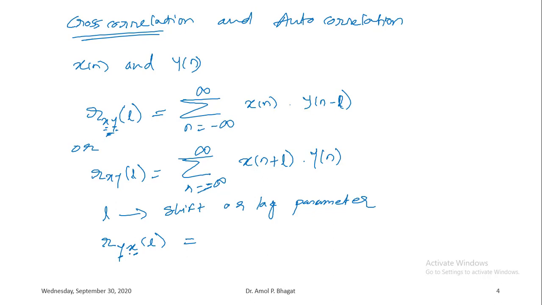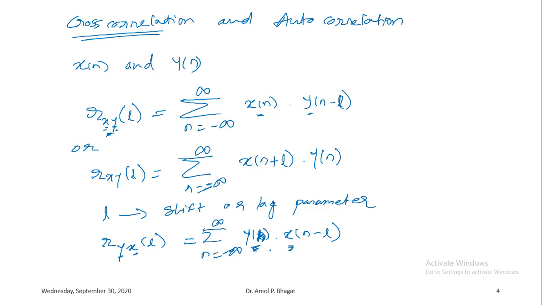The formula for ryx of l can be given as summation n equals minus infinity to infinity y of n into x of n minus l. Here you are correlating y of n with x of n, while earlier x of n was correlated with y of n.